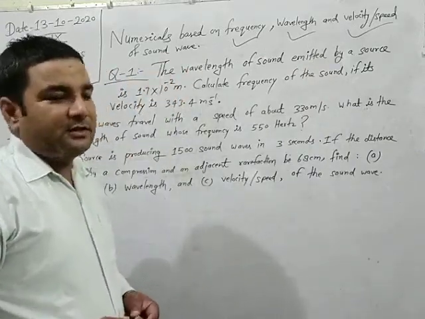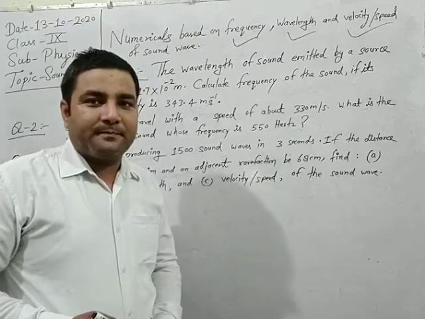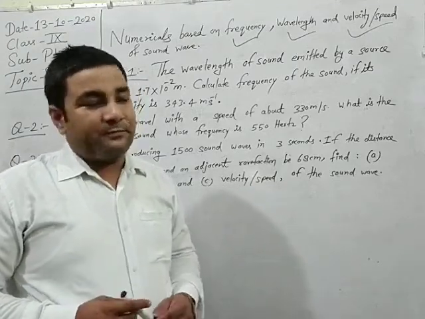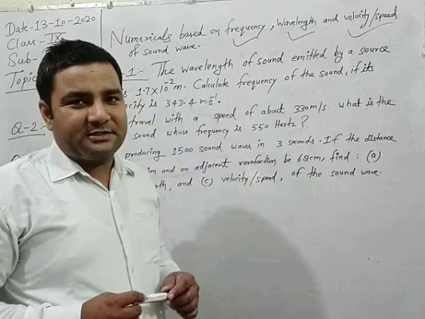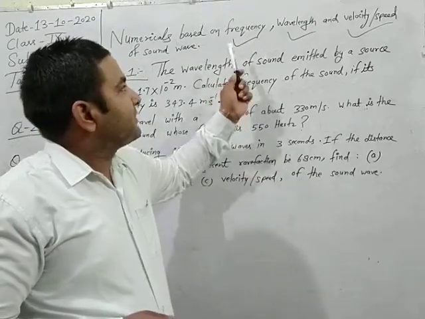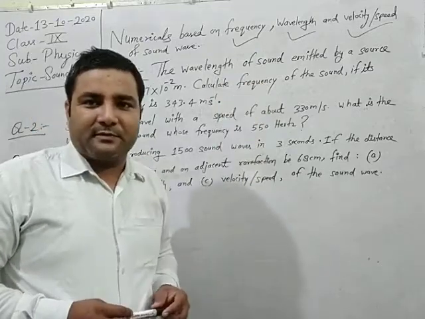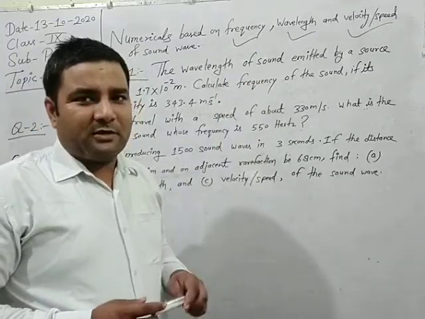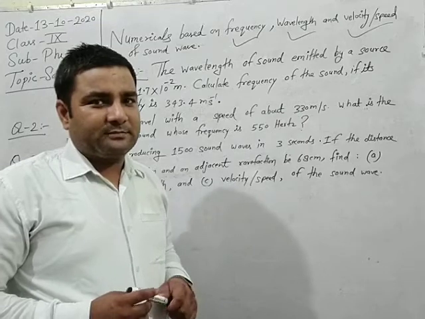Because in the previous lecture, lecture number 3, we discussed the formula, or you can say the relationship between frequency and time period, and frequency, wavelength and velocity. So today we will solve numericals based on that formula.